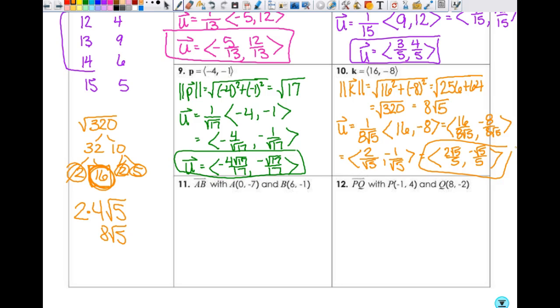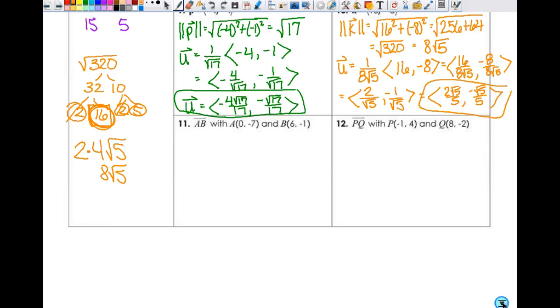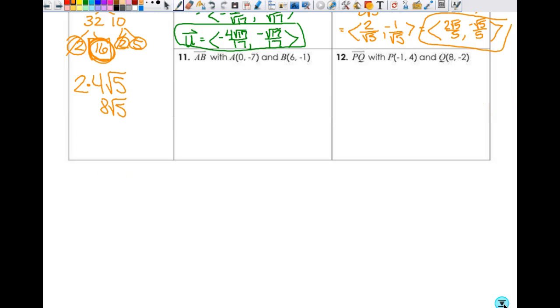So let's look at number 11. How's number 11 different? There are 2 points now, and I know that they're ordered pairs and it's not a vector. I have to find the vector. How do I find the vector? I'm actually subtracting, no squaring, and the order matters here. This is vector AB, right? So this has to be x1, y1, and this has to be x2, y2.